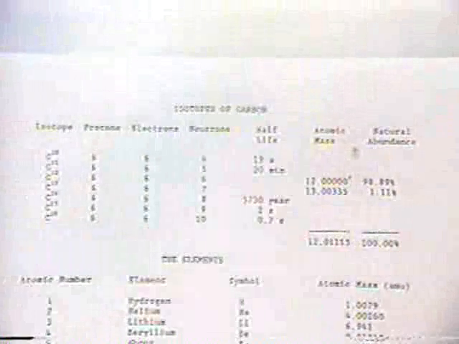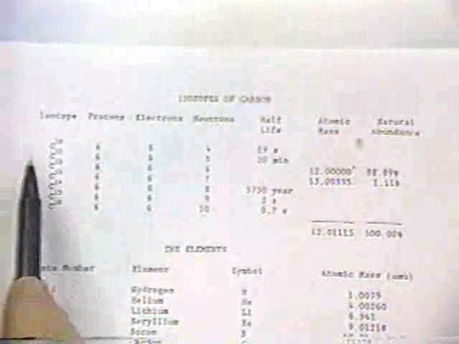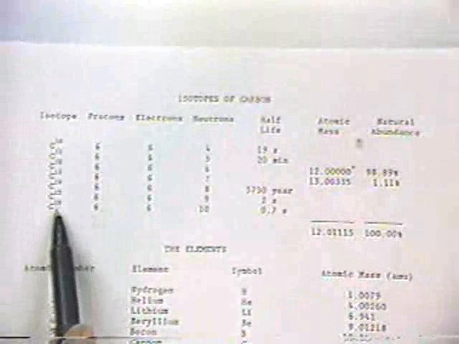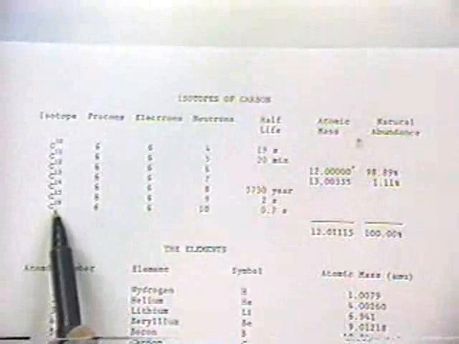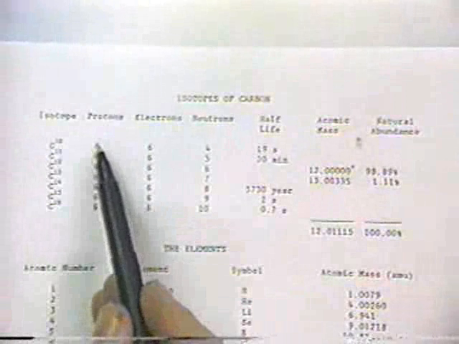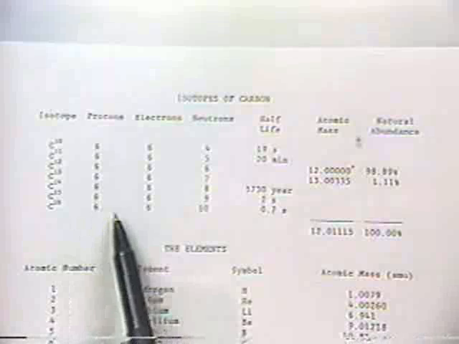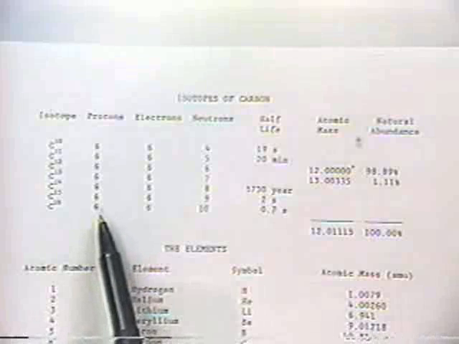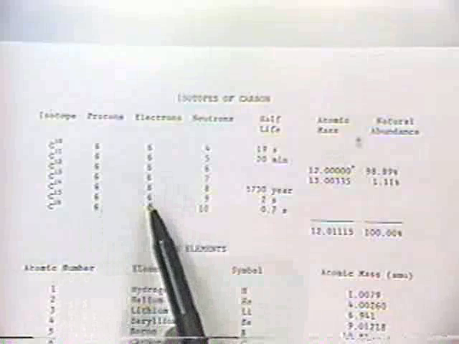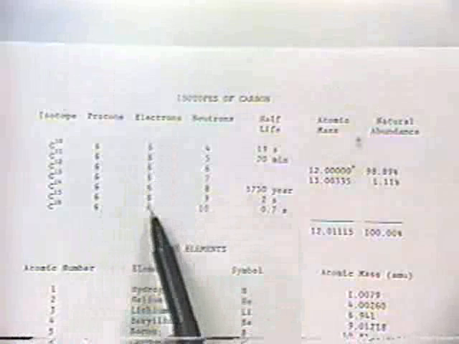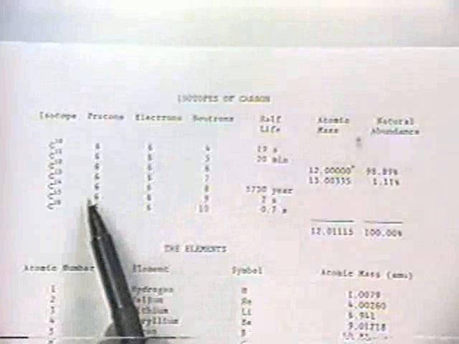These are the isotopes of carbon. Notice at the top of the list we have carbon-10 ranging all the way up to carbon-16. Now notice that they all have 6 protons because by definition carbon has 6 protons, and these carbon atoms are neutral, so there are 6 electrons to balance out the positive charge of the protons.